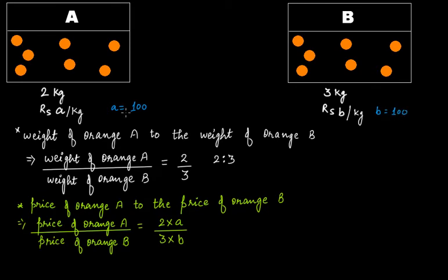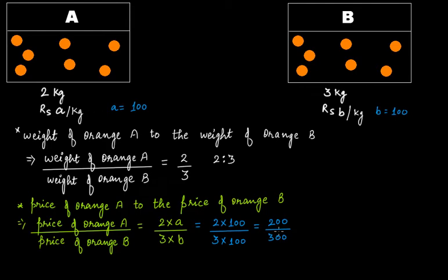So A is 100 per kilogram, B is also 100 per kilogram. If I substitute these values of A and B here, this will be 2 times 100, and this will be 3 times 100. This will give you 200, and this will give you 300.